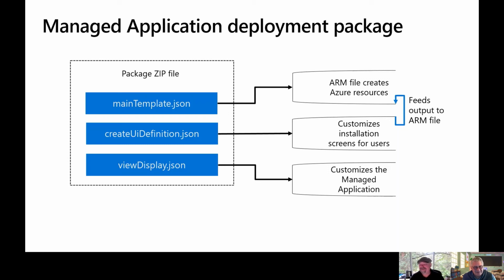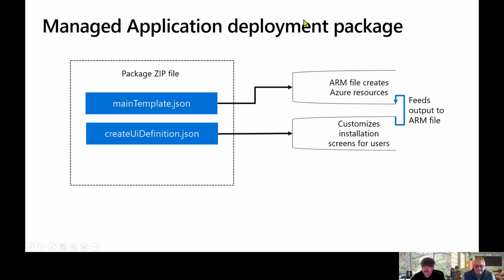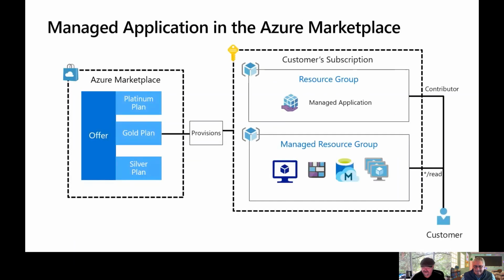David, another question. Why would I choose to use a managed application for my marketplace offer? That's a great question too. First and foremost, let's back up to the previous slide and note that the customer has read access on the managed resource group. That's a big deal.